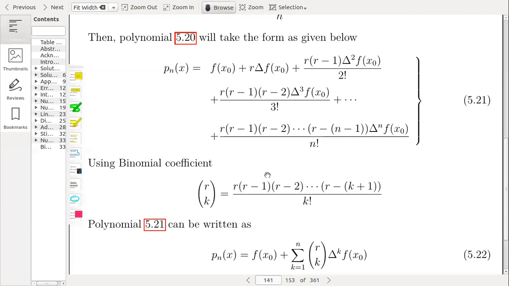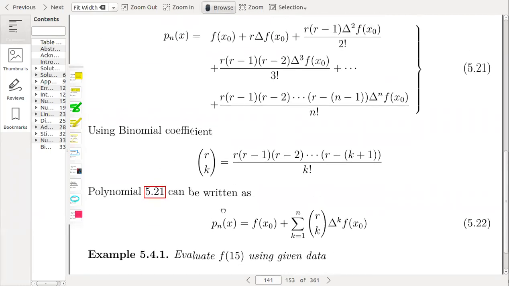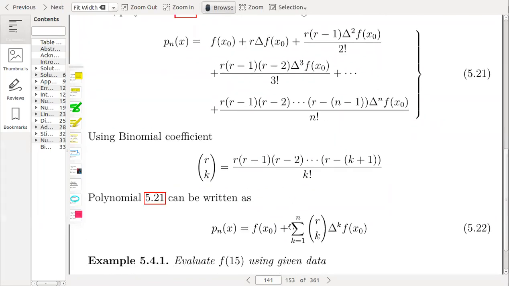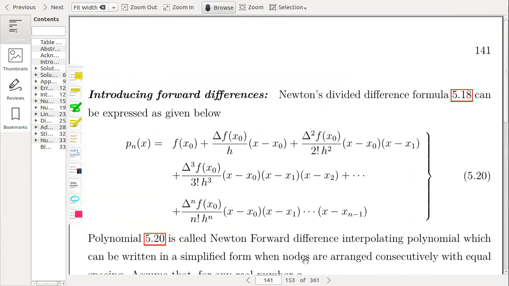So this polynomial 5.21 can be written as Pn of x is equal to f of x naught plus summation of r choose k delta k f of x naught. So just observe the difference. This polynomial is a simpler form than Newton's interpolating polynomial using the divided differences.